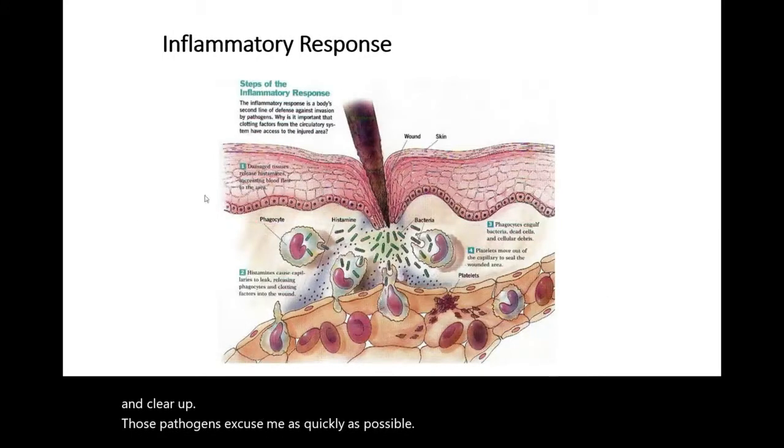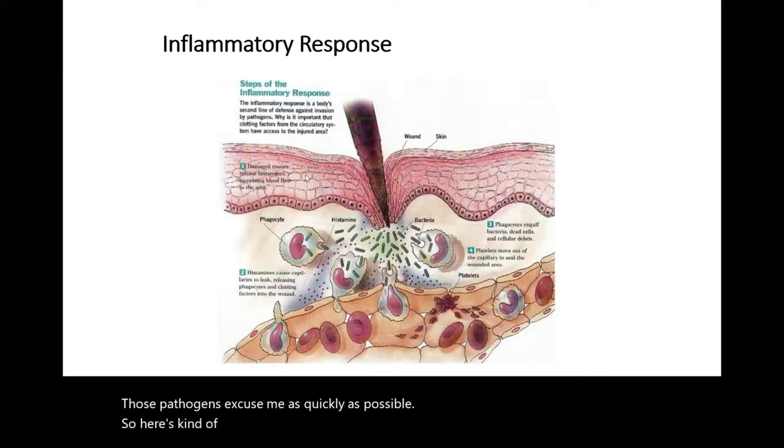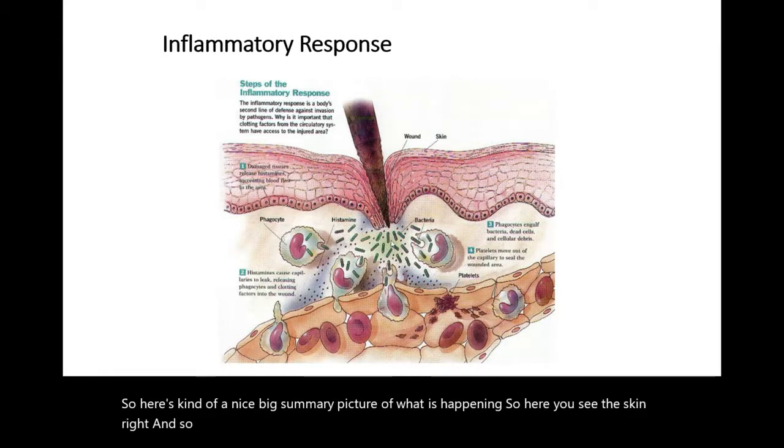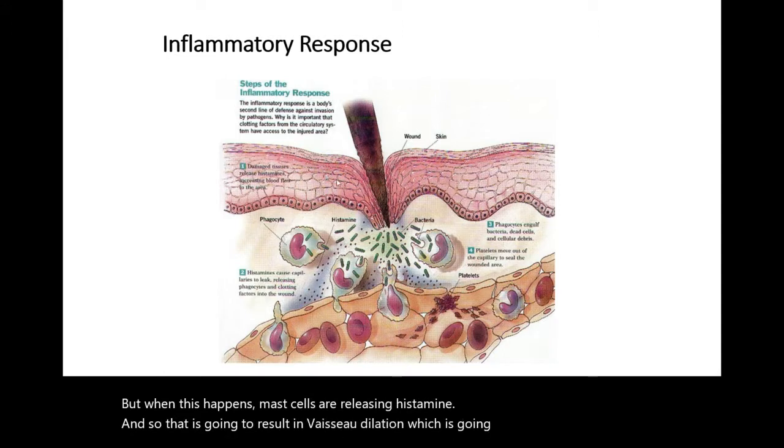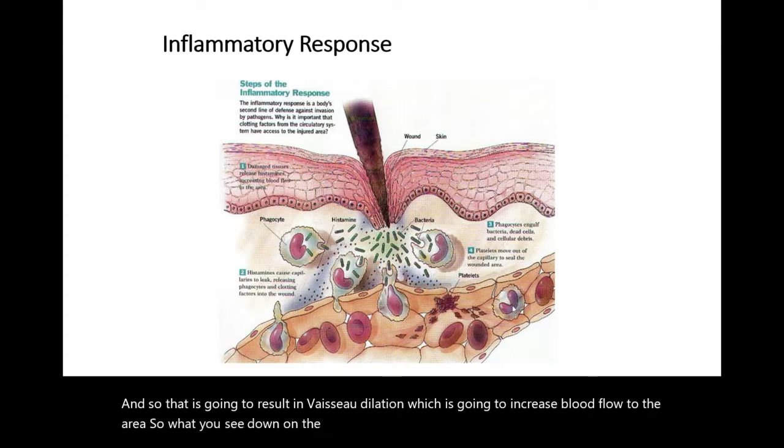So here's kind of a nice big summary picture of what is happening. So here you see the skin, right? And so the tissue has been damaged, looks like by a rusty nail or something quite painful. But when this happens, mast cells are releasing histamine, okay? And so that is going to result in vasodilation, which is going to increase blood flow to the area. So what you see down on the bottom is you see the white blood cells that are moving along.